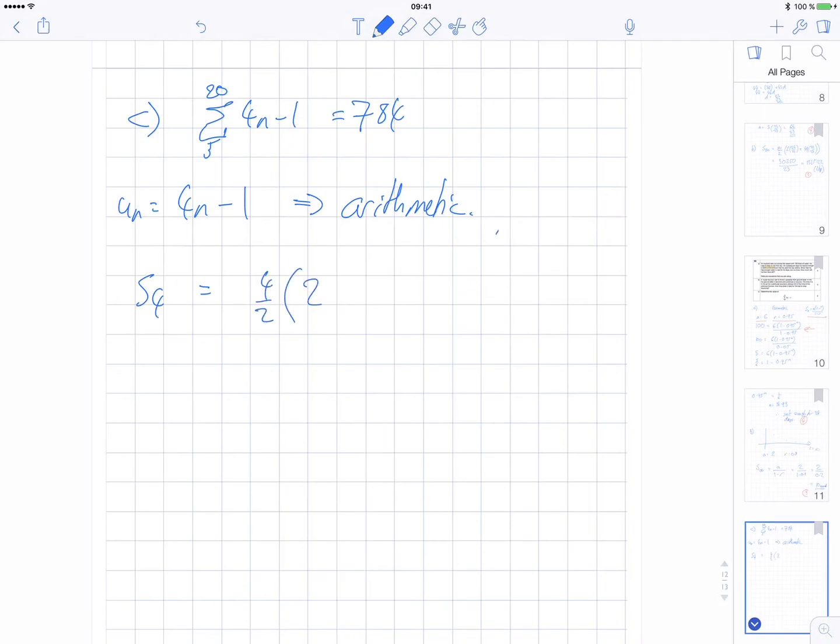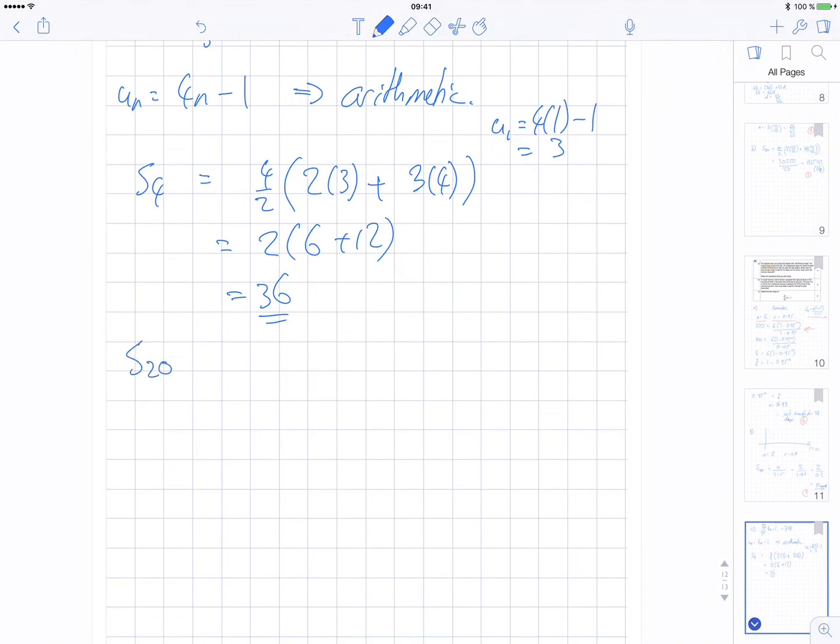Now I put u1 is equal to 4 lots of 1 minus 1, which is equal to 4 minus 1. 4 minus 1 is 3, plus 4 minus 1 is 3d. We know the difference every time is 4 from the 4n minus 1, so it's times 4. So that's equal to 2 lots of 6 plus 12. 6 plus 12 is 18, which is equal to 36.